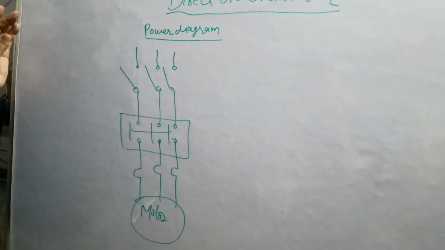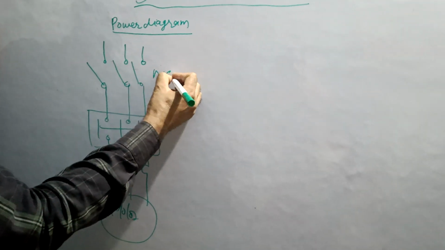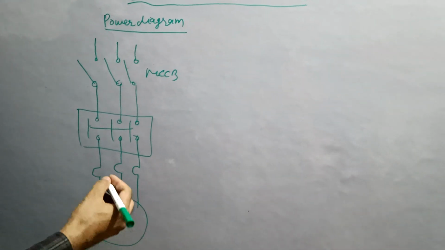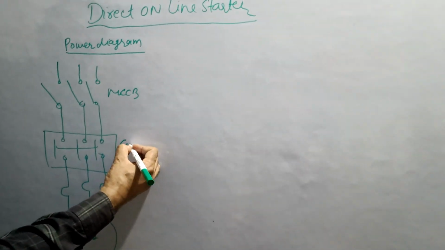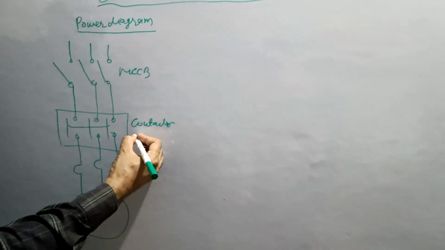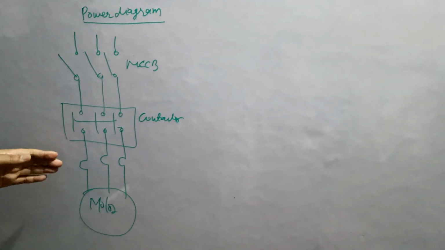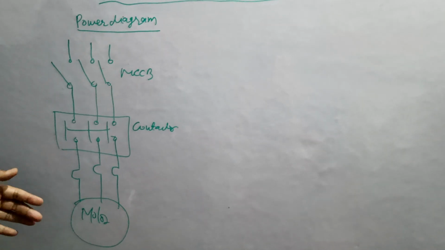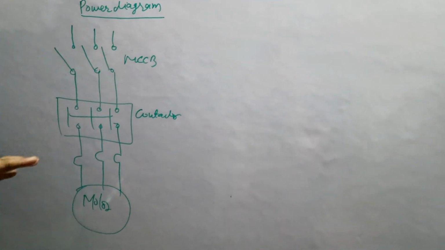So what is the basic requirement? We will require the MCCB as per the rating of the motor. We will require the contactor, also as per the rating of the motor, and the thermal overload relay will be set as per the current rating of the motor. So this is the power diagram of the motor.